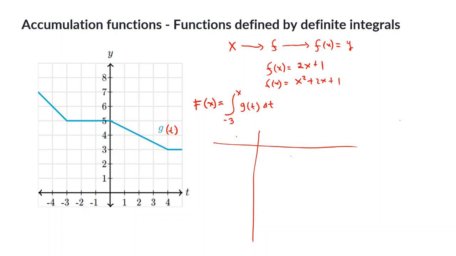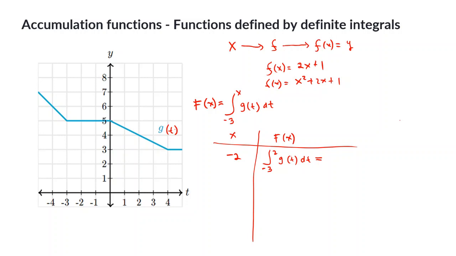This is my x, this is my F(x). What does x equal to -2 mean? That is equal to the integral from -3 to -2 of g(t) dt. We know that the integration is basically the area under the curve.